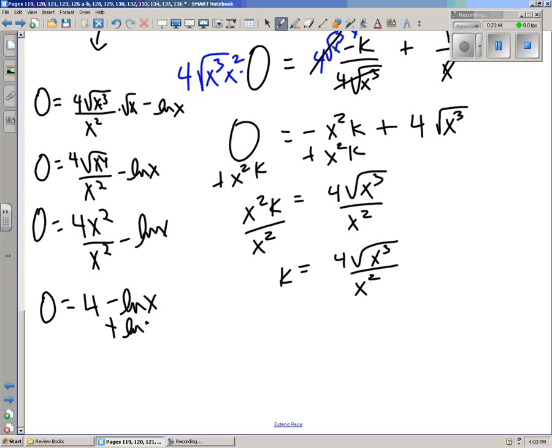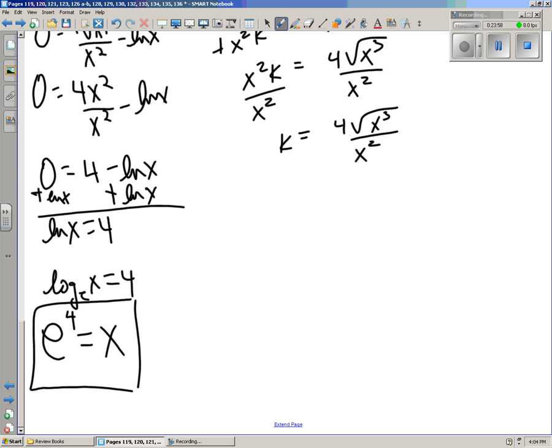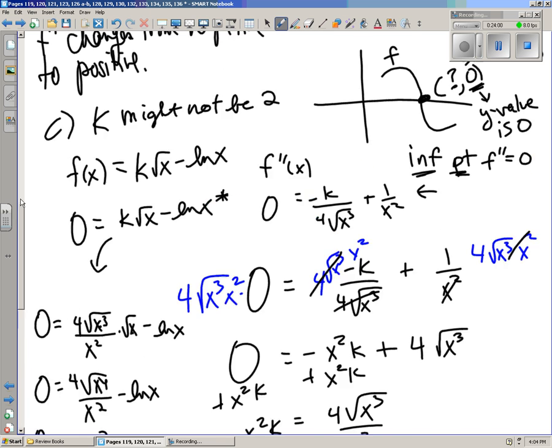Adding natural log of x to both sides, ln of x is 4, which makes log base e of x 4, which makes e to the 4th equal x. There would our x value be.